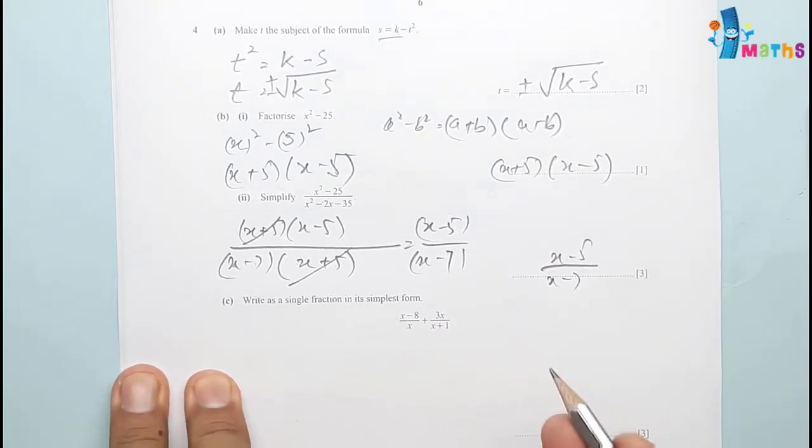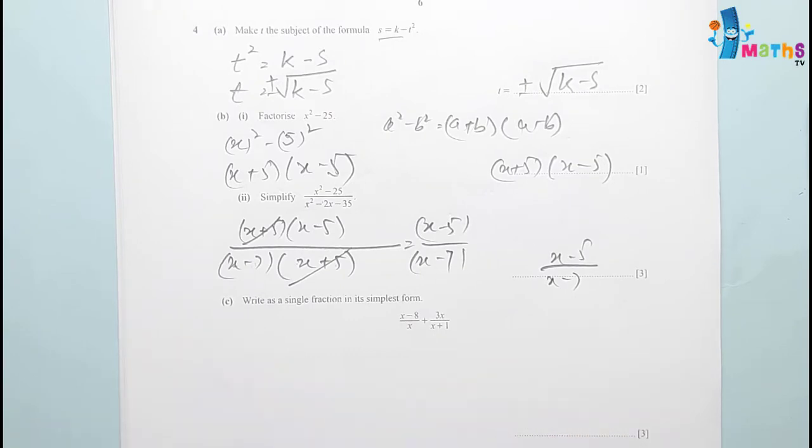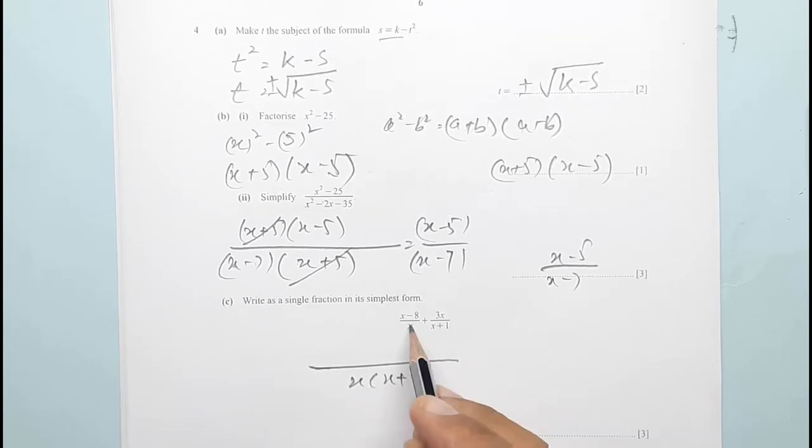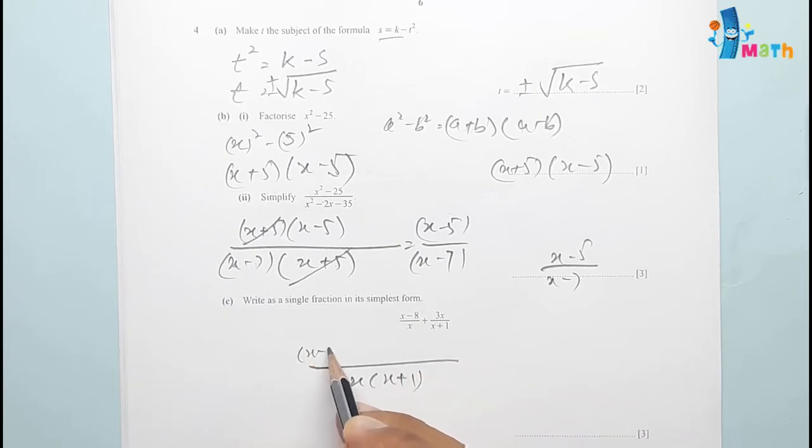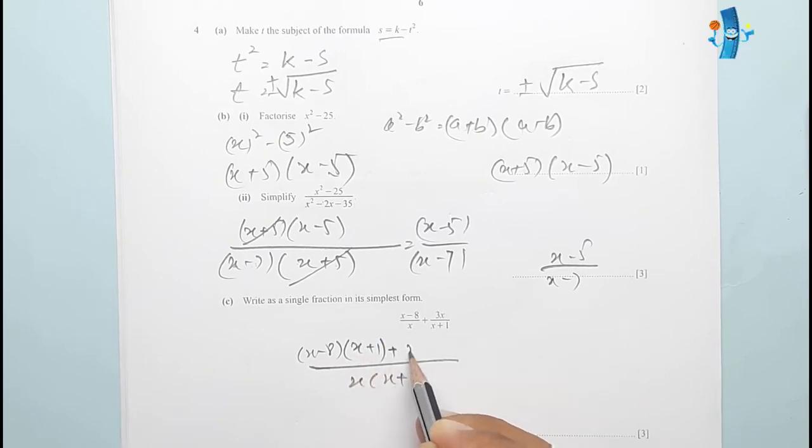Write as a single fraction in the simplest form. So we have to take the LCM. We can write x into x plus 1, and this multiplied by x plus 1. So x minus 8 into x plus 1, plus x into 3x.